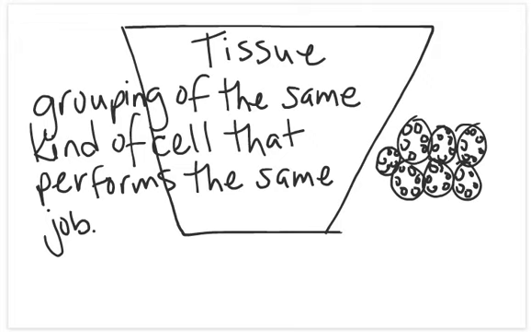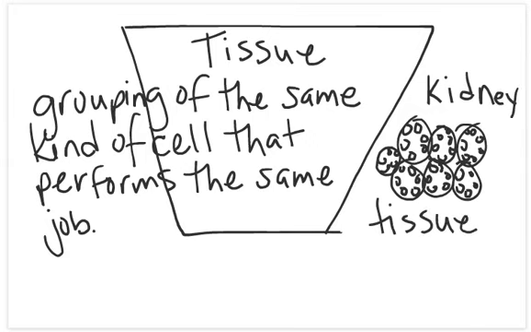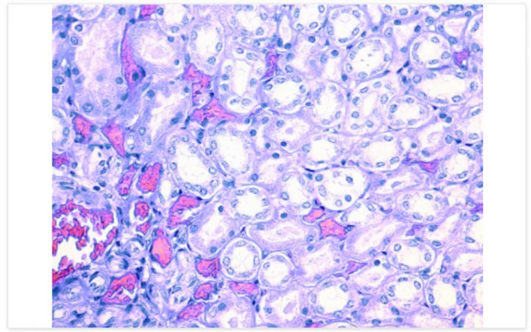Okay, and over here I forgot to label our kidney tissue. This is a picture of some kidney tissue. It's sliced across, so it's very, very thin, and then it's been stained with some blue and pink stain so that we can see it better.